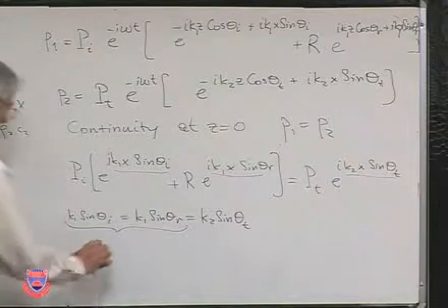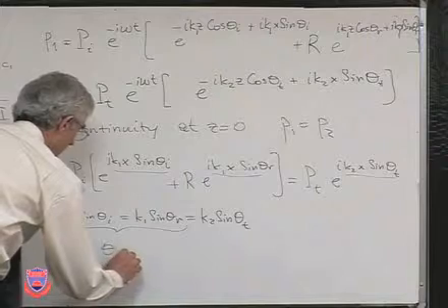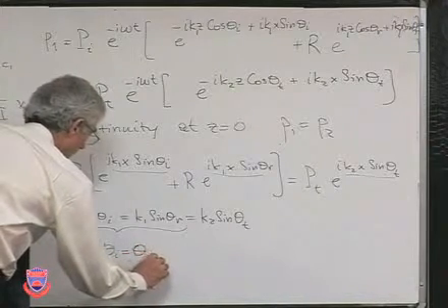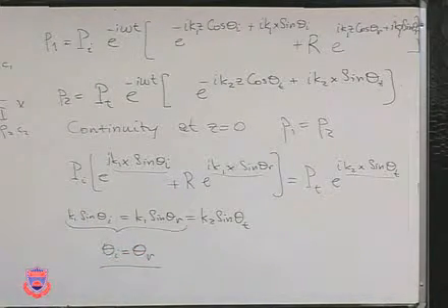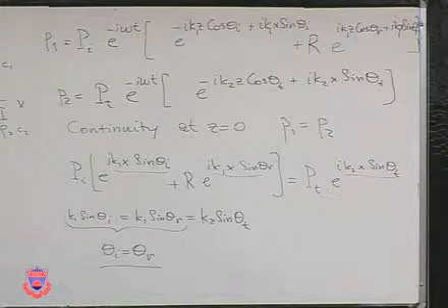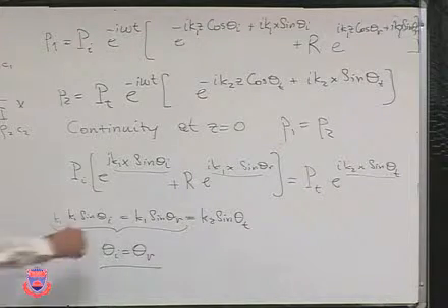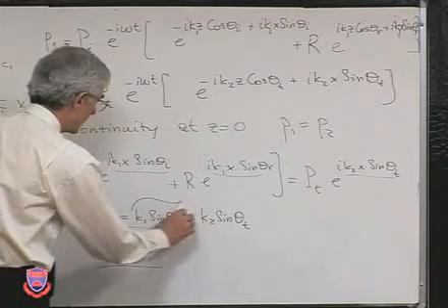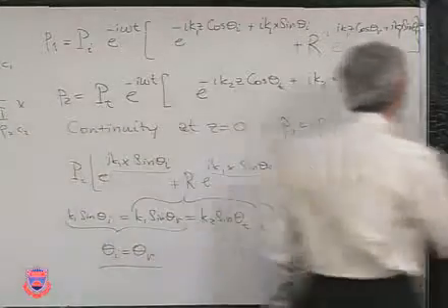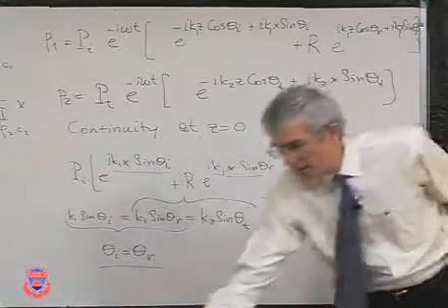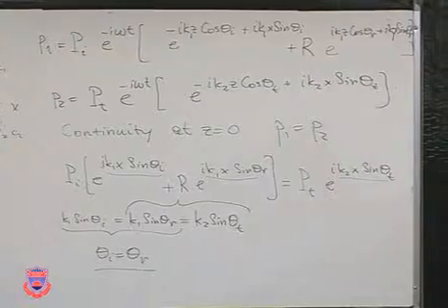From the first two, we can already figure out what we had before: the angles of the incident and reflected waves must be the same. Okay? But this is the other two. We have to take into consideration the differences in the wave number.